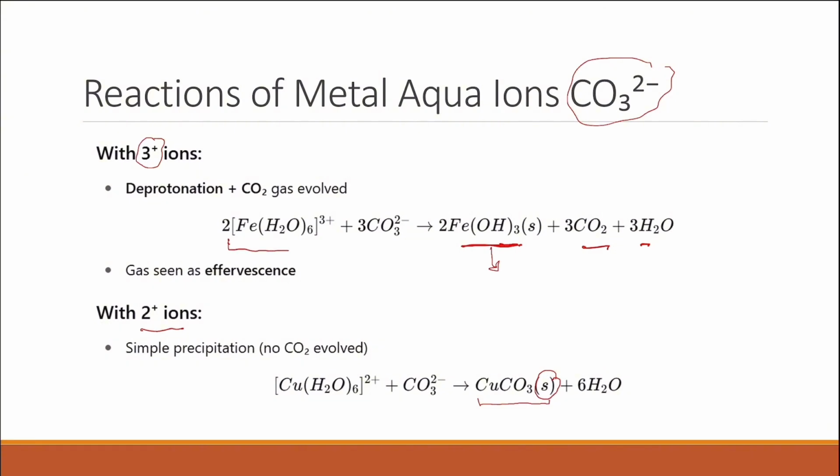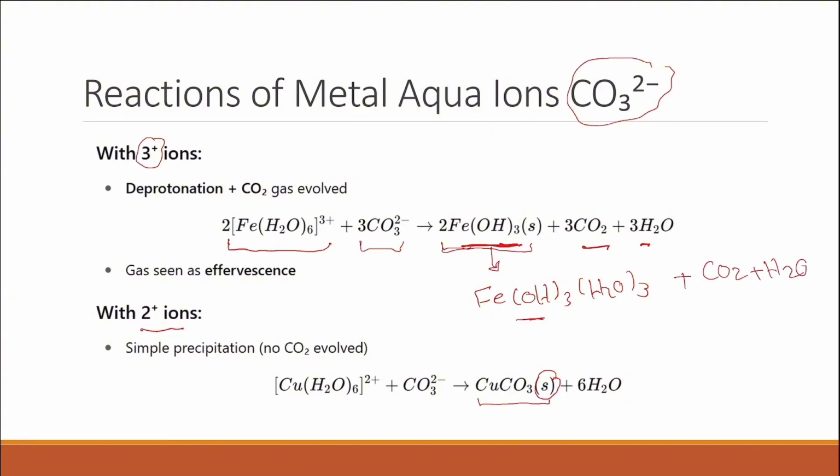So if you have the aqua ion of iron 3 plus and react it with a carbonate, that will give you the hydroxide of the iron, and you can write it as Fe(OH)3, or Fe(H2O)3(OH)3, and this is going to be a precipitate, in addition to the carbon dioxide and the water.